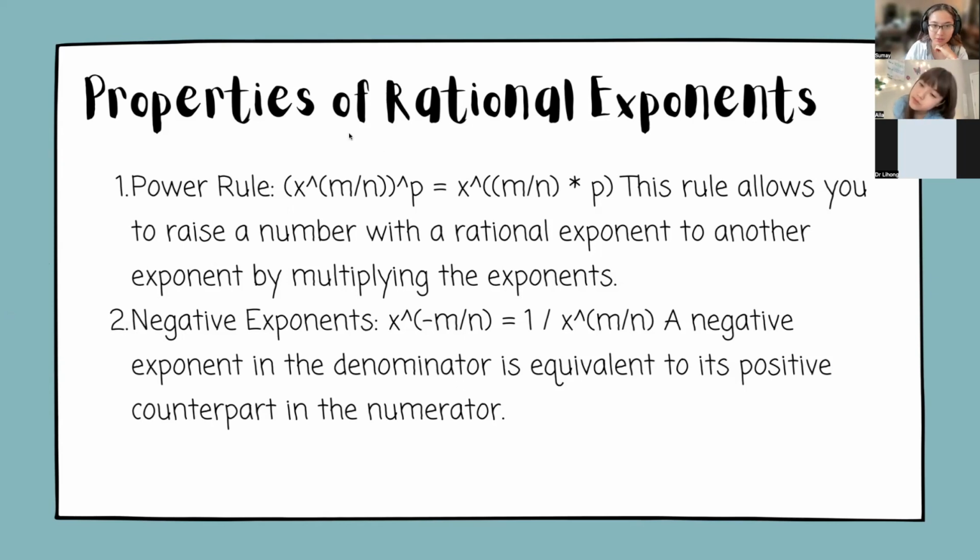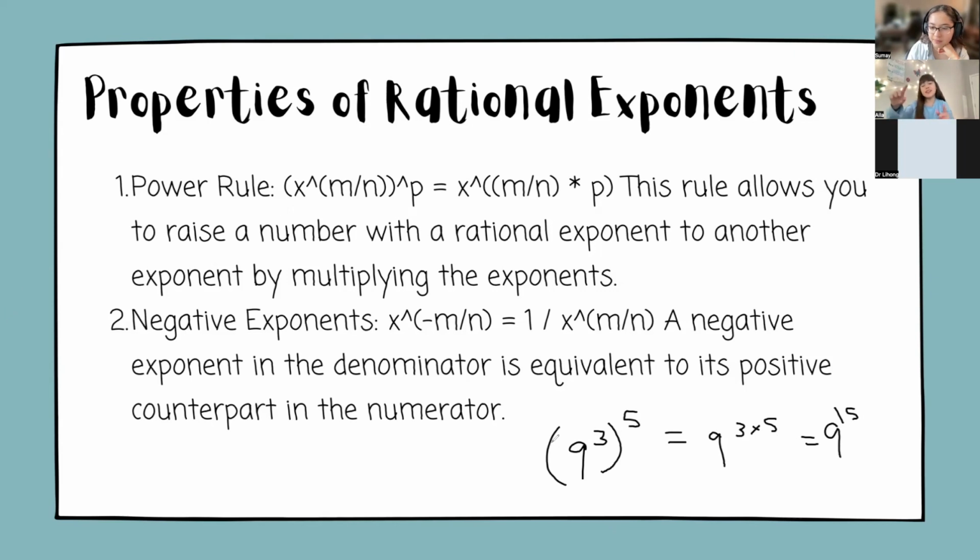For example, let's say we have 9 to the power of 3, and then you take this and raise it to the power of 5. This would be the equivalent of 9 to the power of 3 times 5, which is the equivalent of 9 to the power of 15.